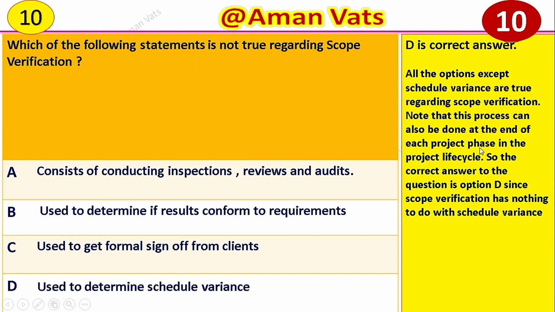Sometimes we call it a gate review or stage gate review in the project lifecycle. So the correct answer to the question is option D, since scope verification has nothing to do with schedule variance. Okay, you know what the catch is here? The catch is this one. This is the catch.